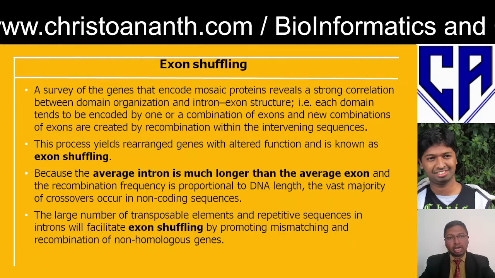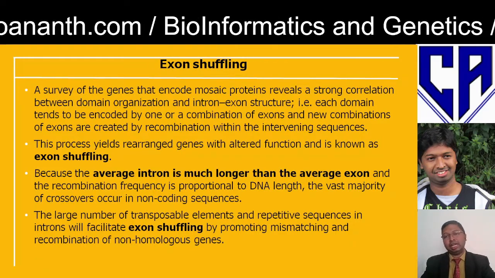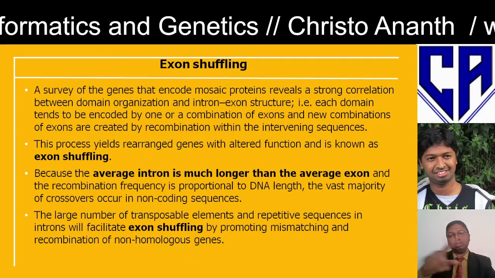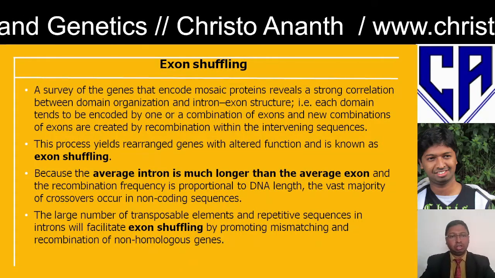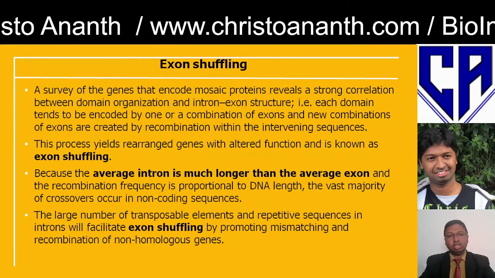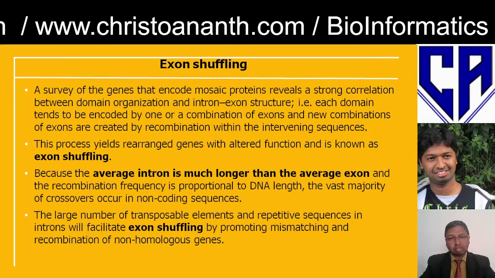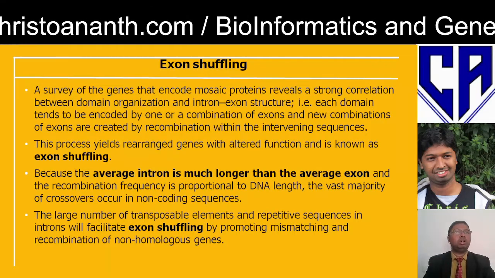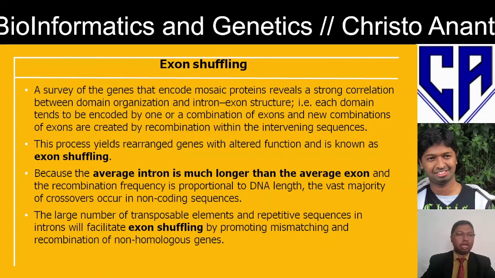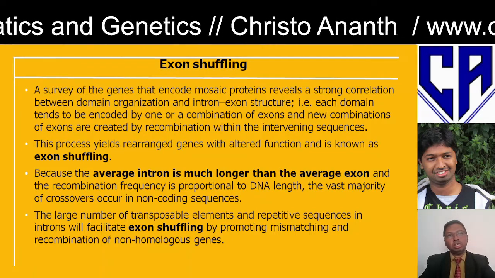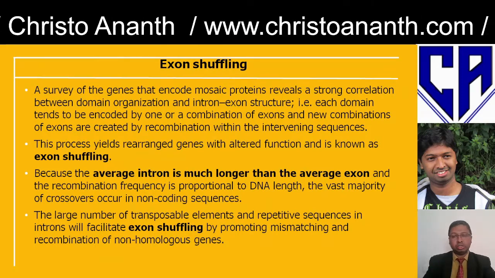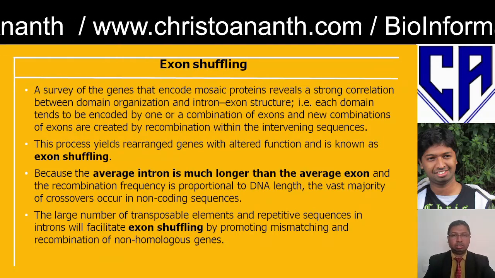Because the average intron is larger than the average exon, the recombination frequency is proportional to DNA length. So there are many crossovers which occur in the non-coding sequences as well, and the repetitive sequences give rise to exon shuffling by promoting mismatching and of course the recombination of non-homologous genes. So it's all about recombination, which drives the entire exon shuffling process.